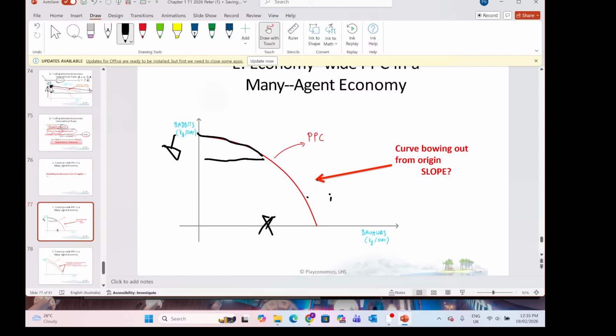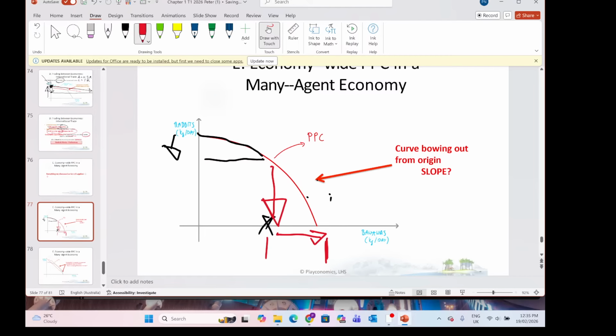But the people to the right-hand side of the curve, they have a high opportunity cost of producing bananas, because when they produce more bananas, look at the reduction in rabbits for them. The reduction in rabbits is much higher. The opportunity cost of producing those bananas is getting greater.